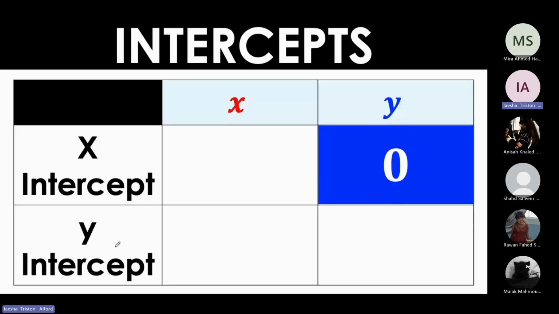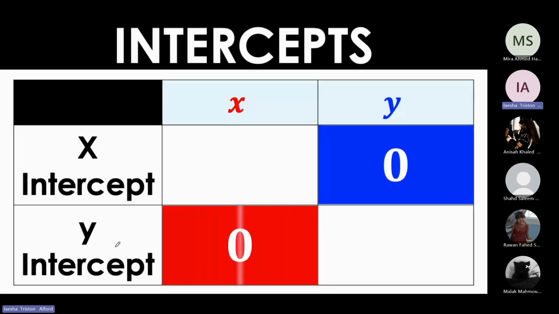Good. The y-intercept? Cross y-axis and x equals 0. So you have to remember which number should be 0 for the x-intercept and the y-intercept. Okay?